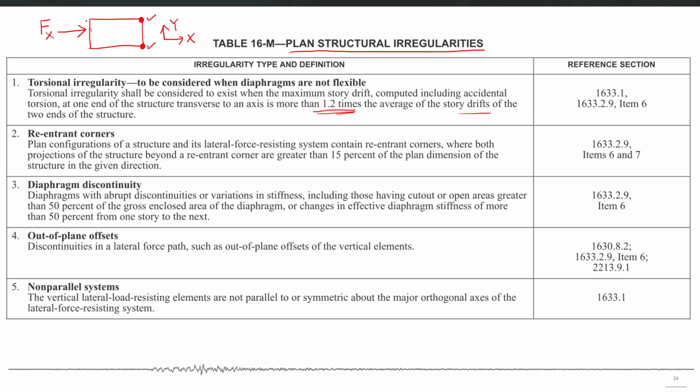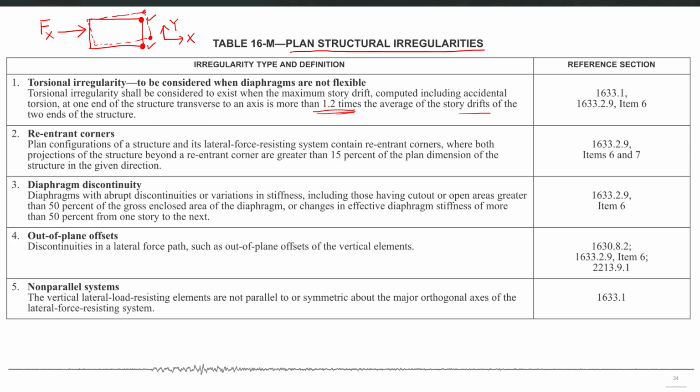For example, if your structure deforms in this manner, maybe like this, you have to calculate the story drifts at this corner in the deformed shape and at this corner in the deformed shape, and also take their average.